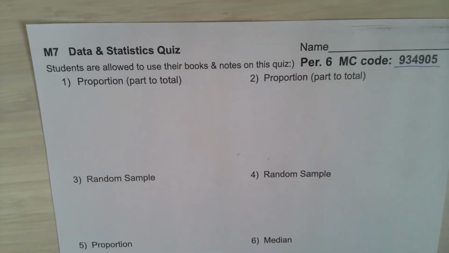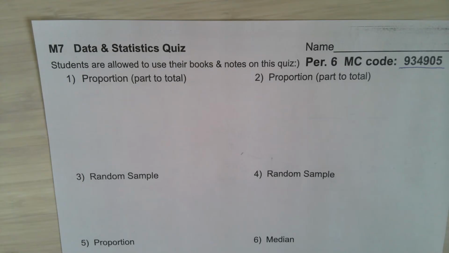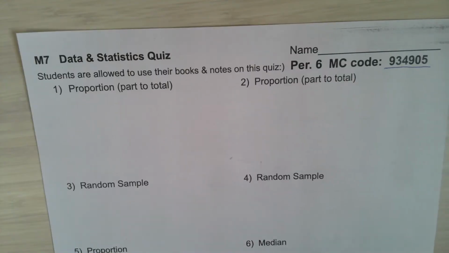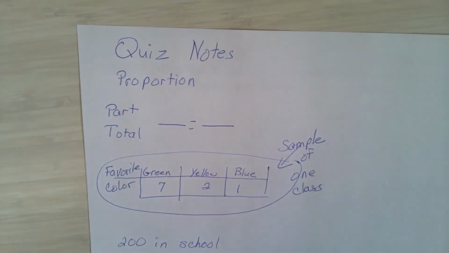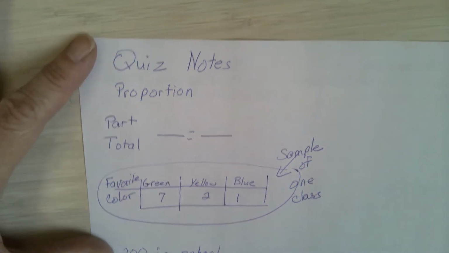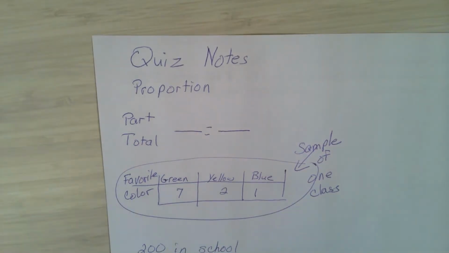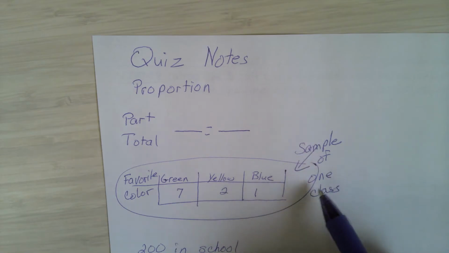Okay, so the first two problems deal with the proportion. And what you're going to have to do is set it up as part to total. So here are some notes. Proportion, a part to total situation. Let's say that I am wanting to pull, this is a class, just one class at the school. We'll say it's a preschool because they're doing favorite colors.